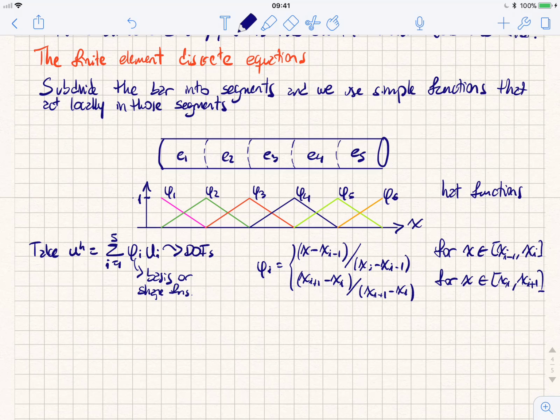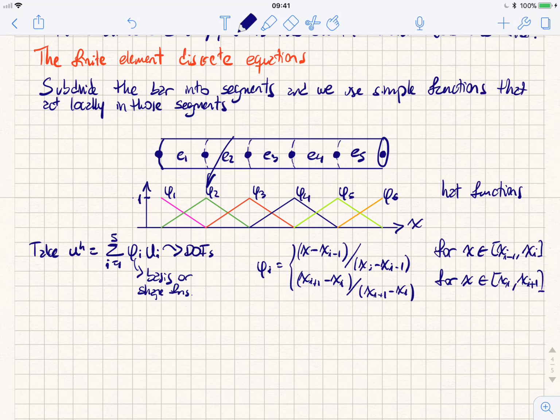They are super special, and the reason for that is that if you take a look at the node, so if you look, those are the elements, but you can think of the ends of those elements as being the nodes. If you take any node, let's take, for example, phi2 right here. You see that this function here has a maximum value of 1, and every other function at that location has a value of 0.